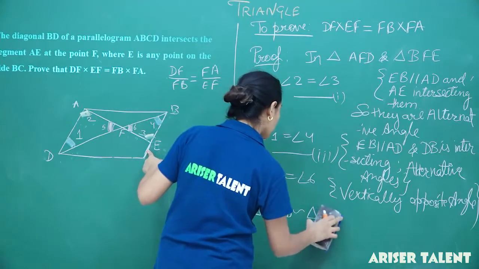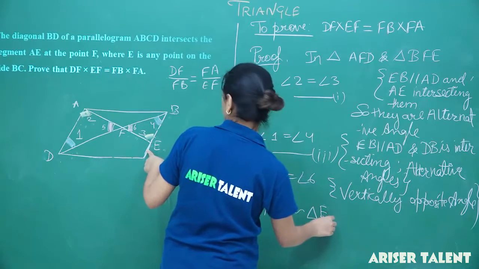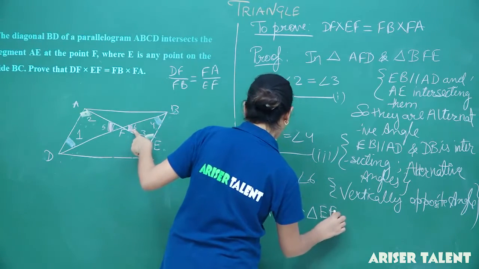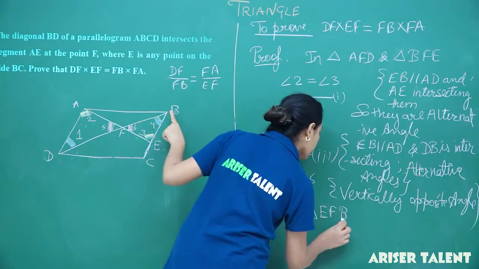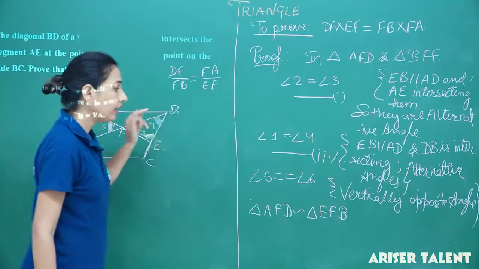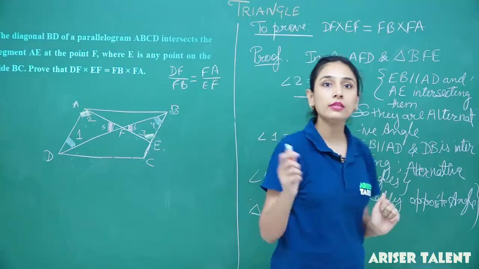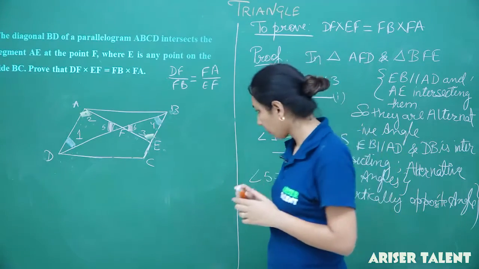A is equals to angle E, then F was here, F, and D is equals to B. Okay. So, if we are saying this, then we know that the sides proportion will also be equal. Okay.